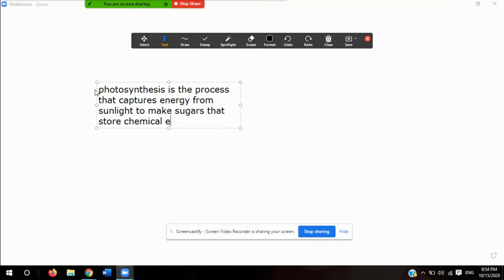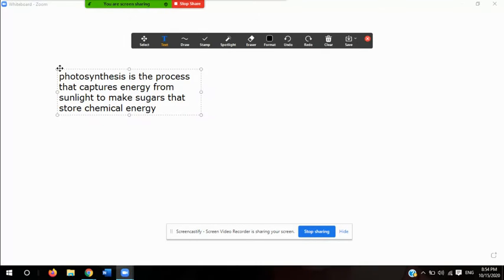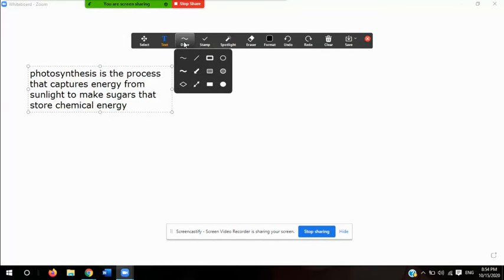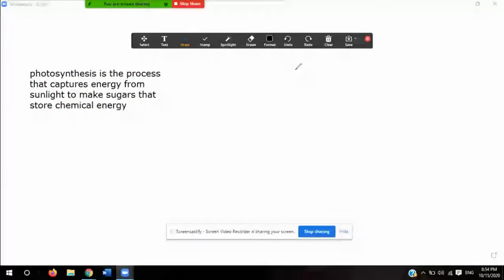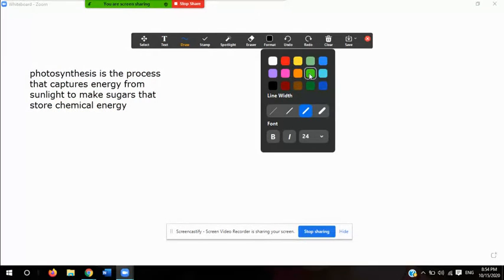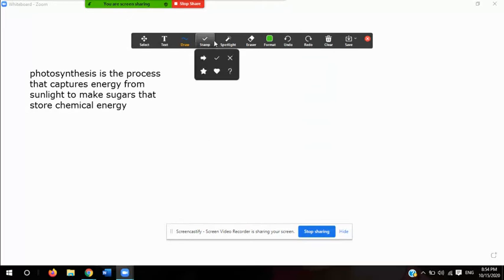So, let's see if I can illustrate what this means. We have a plant. You know what? Let's try this. I haven't done this in a while. We have a rose. And that rose is a plant. It's a flower, right?